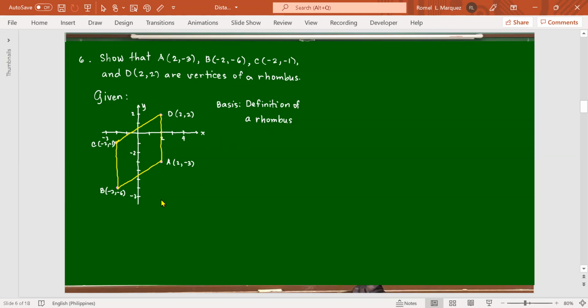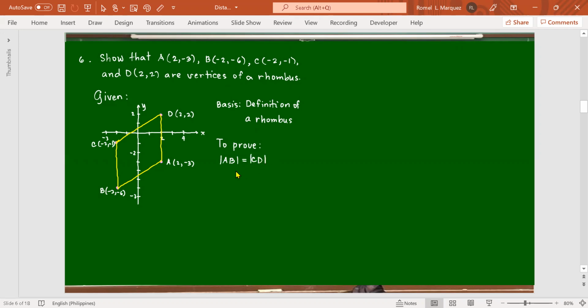So definition of a rhombus. So what is to prove, guys? What's to prove? AB is supposed to be equal to BC is equal to CD, no?